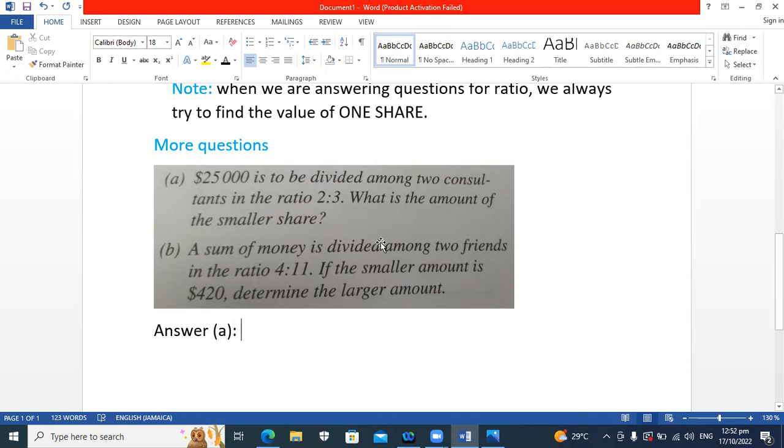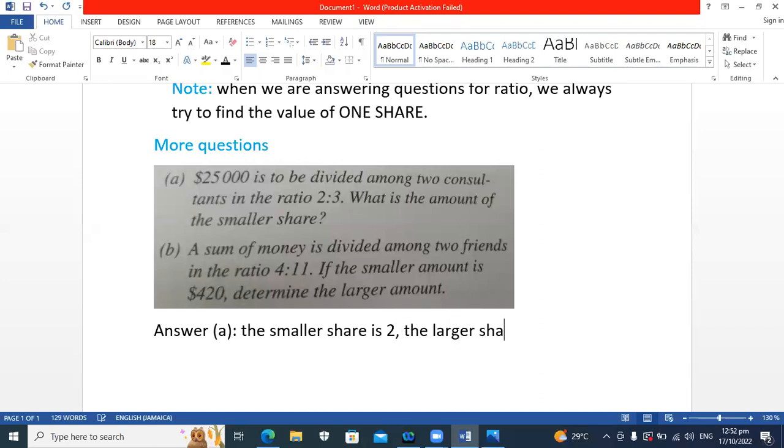All right. So would you agree with me that the smaller share is 2 and the larger share is 3? Right. So the smaller share is 2.